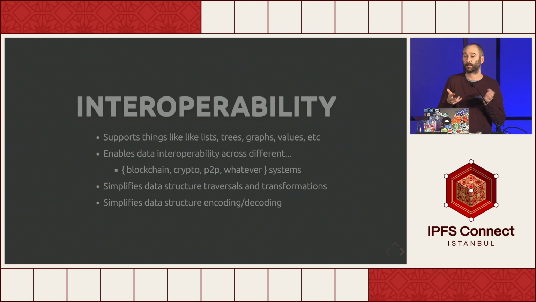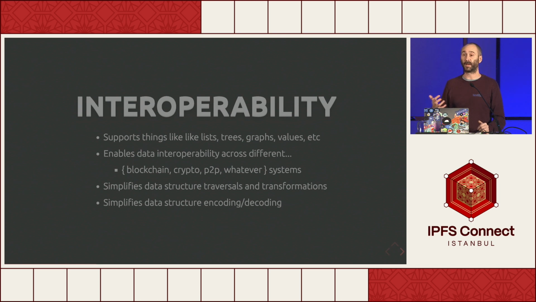You can actually use IPLD to parse Bitcoin transactions. And you can actually serve Bitcoin transactions over IPFS because you can interoperate between these data structures. So it offers this super powerful interoperability layer that almost nobody coming new to the ecosystem really gets exposed to right away. So hopefully that's what we'll do today.